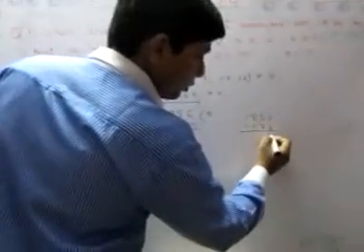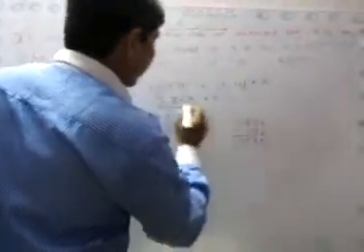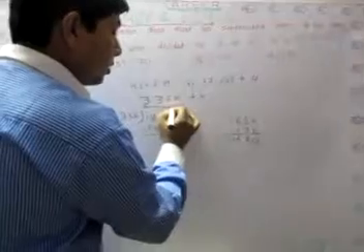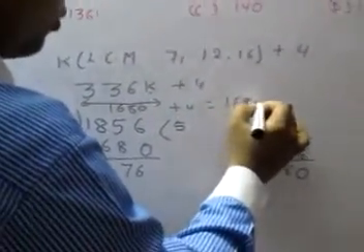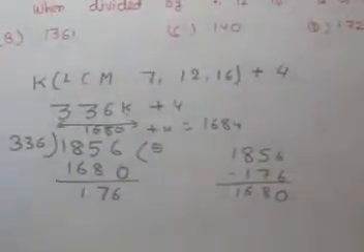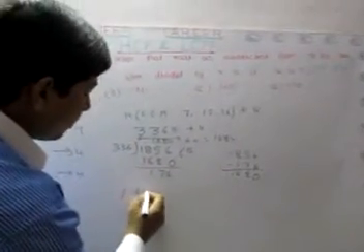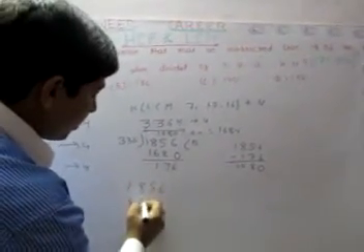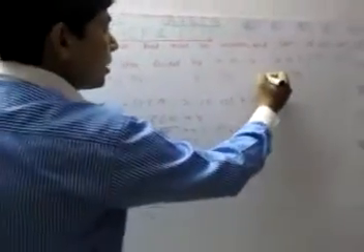So the number is 1680, and plus 4, so 1684 is the largest number just less than 1856 that is in this format and satisfies all these 3 conditions. Hence what we need to find is the difference between 1856 and 1684. It is 172. Hence the answer is option D.